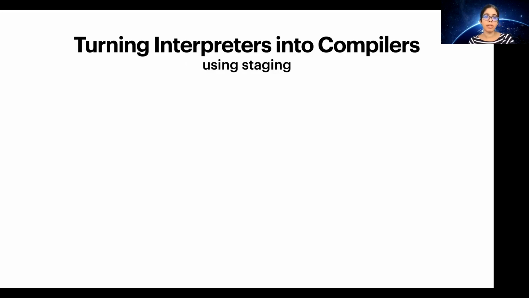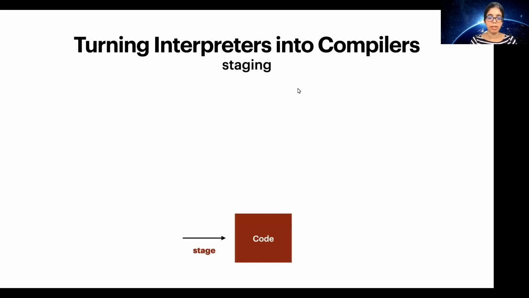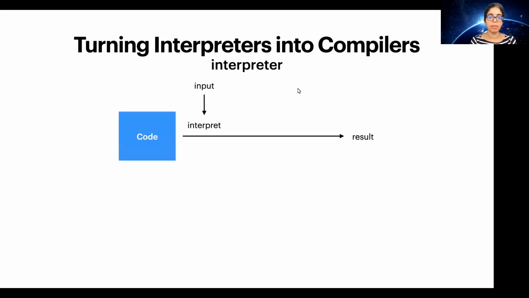Okay, so now we will see how to turn an interpreter into a compiler using staging, the general process of it. As we've seen, staging is a process that produces code, and an interpreter is something that takes code as input, an additional input, and produces a result.